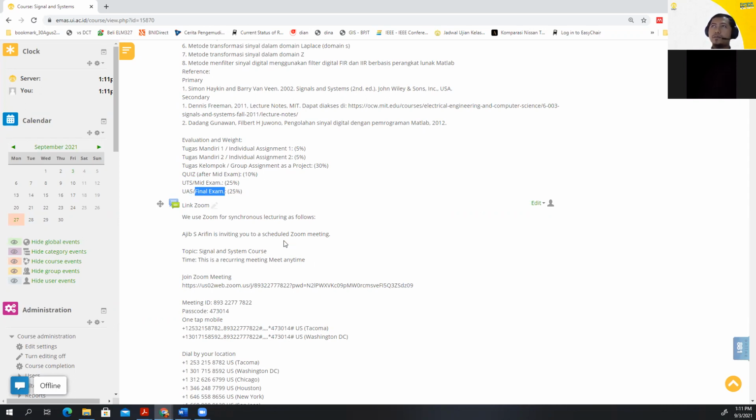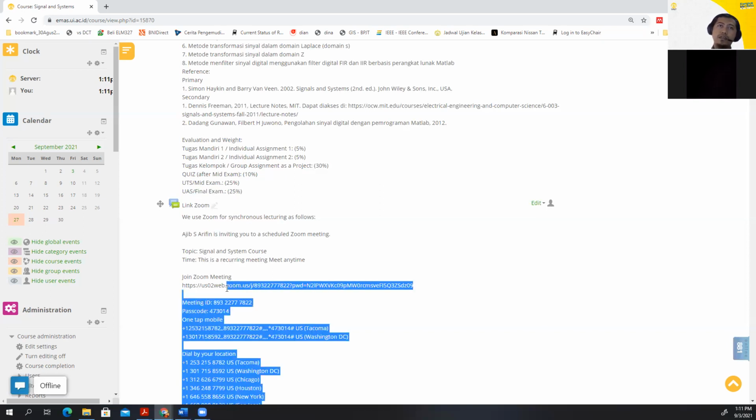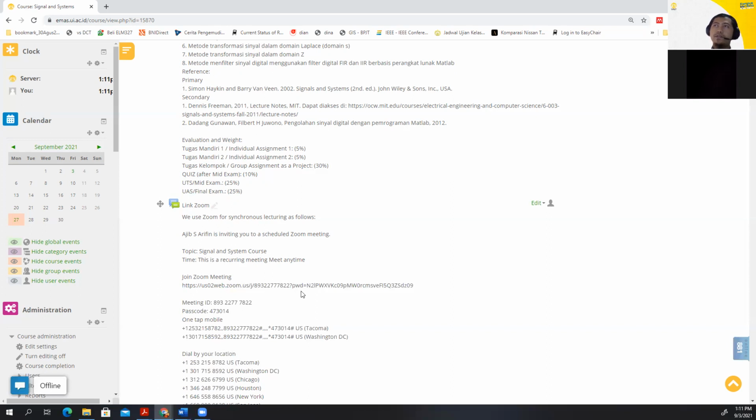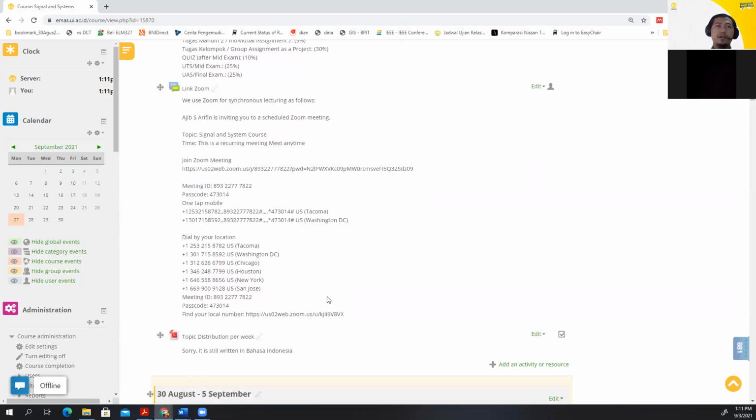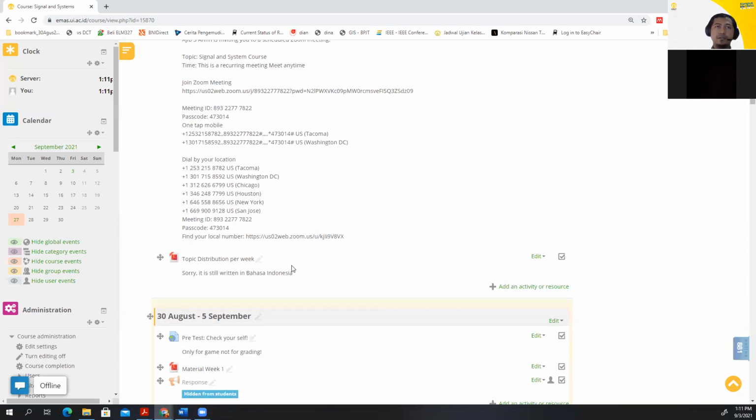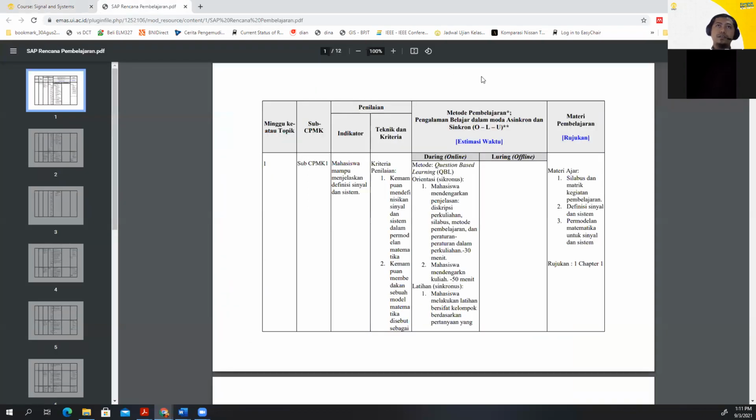As long as we have an online course, and as long as we don't have a regulation or recommendation from the rector to conduct an offline class, we will use this Zoom link every time. This is the topic distribution, but it's still written in Bahasa. It is distributed into 16 weeks.